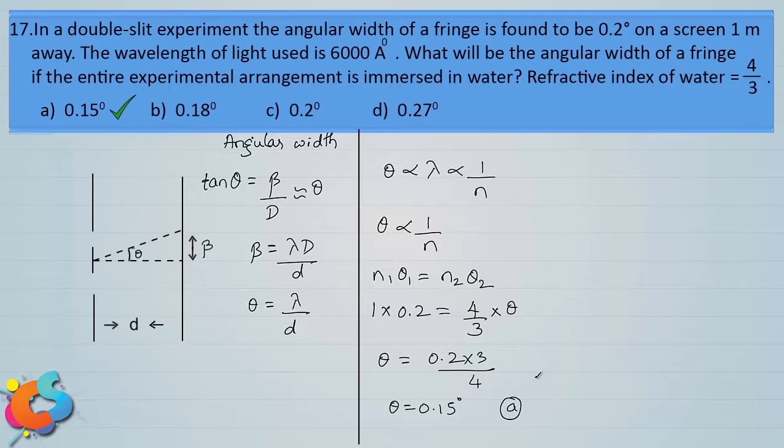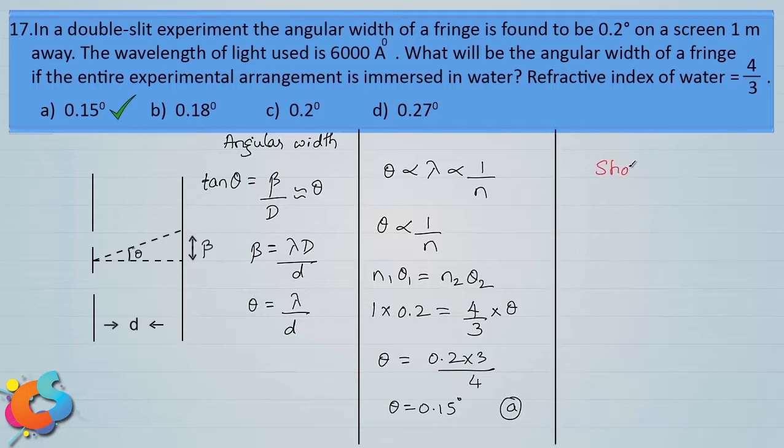However, there is a shortcut for this. Whenever a change in linear width or a change in angular width is asked when the entire apparatus is immersed in water, you can go for a shortcut.